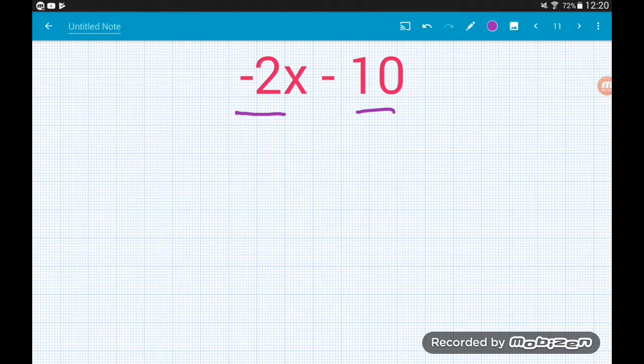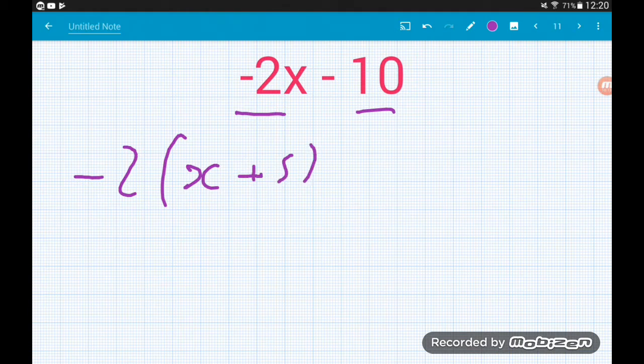So what we're going to do then, we're going to put a minus 2 on the outside of a pair of brackets, then minus 2x divided by minus 2 just leaves us with 1x. And minus 10 divided by minus 2, well, 10 divided by 2 is 5, minus 10 divided by minus 2 is also positive 5.